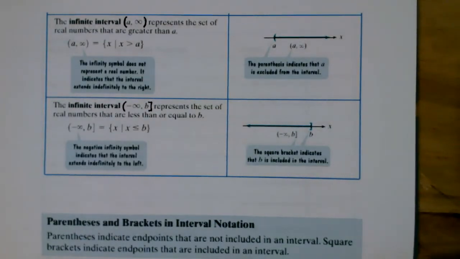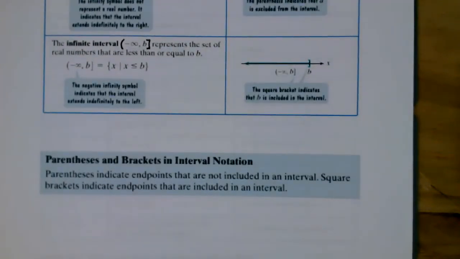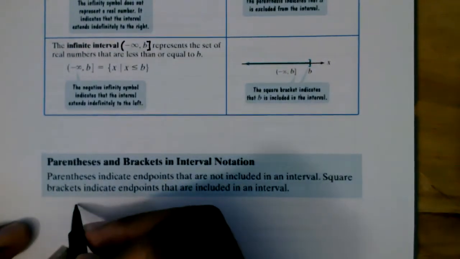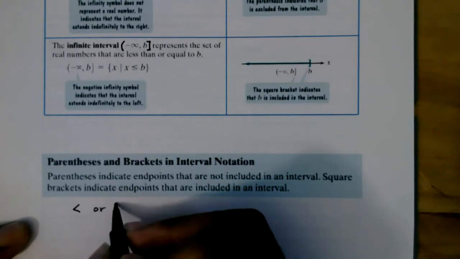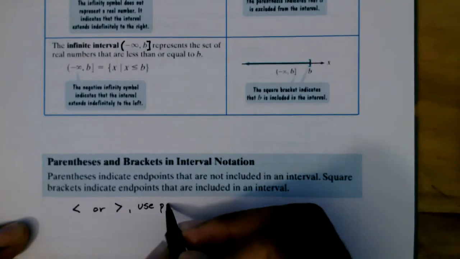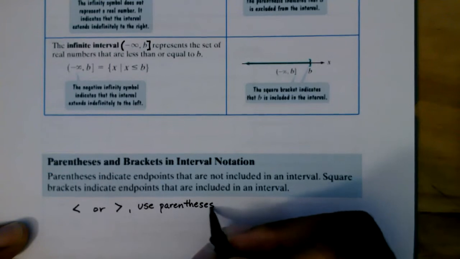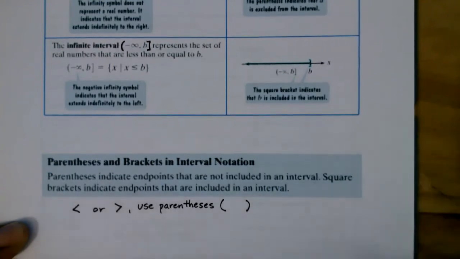Okay. Now, when to use parentheses and brackets in interval notation? We use parentheses to indicate endpoints that are not included in the interval. So in other words, if you have less than or greater than, we use the parentheses. Square brackets indicate endpoints that are included in the interval.